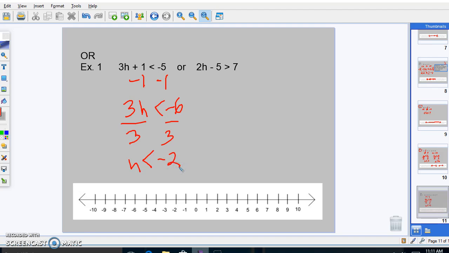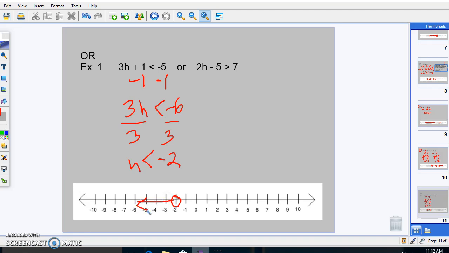Even though that 6 was negative, I'm dividing by a positive 3. So I keep my inequality pointing in the same direction. I do not flip it. The only time I flip it is if I'm multiplying or dividing by a negative. Here I'm dividing by positive 3. So h is less than negative 2. Open circle at negative 2, arrow to the left.